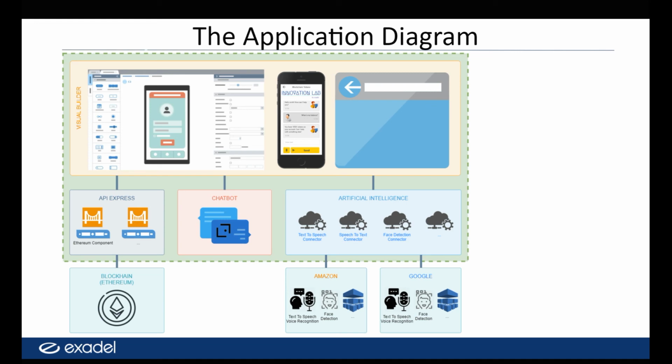On the diagram, you see that the API platform supports the ability to use APIs from other providers such as Amazon or Google, and in general we can integrate with anyone. Let's consider one example of such integration, the text-to-speech service.